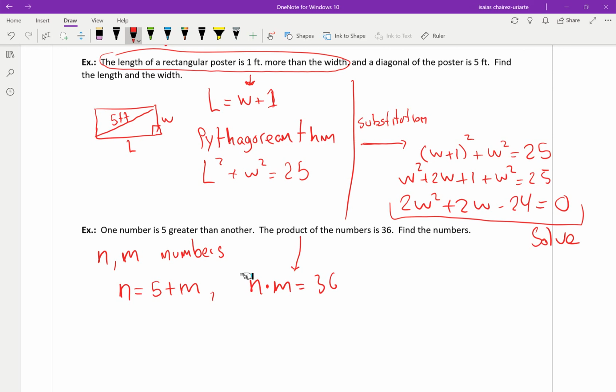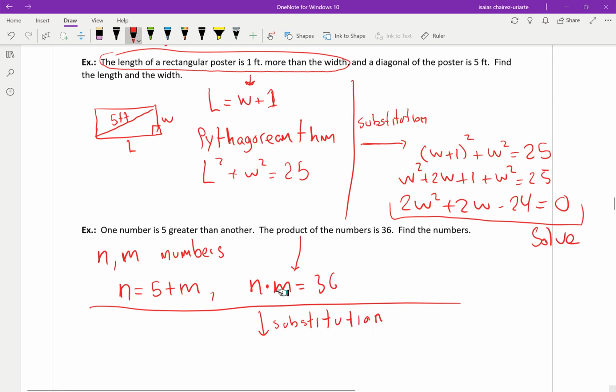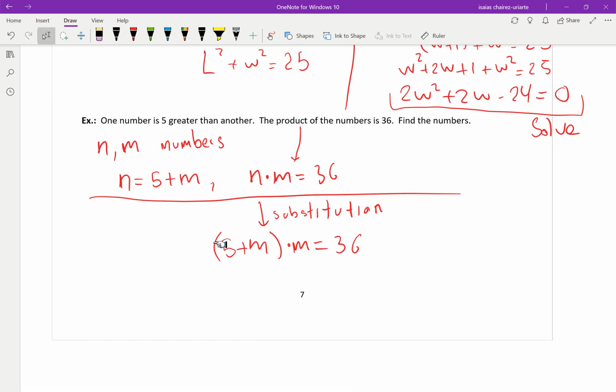Okay, so now again we're going to have to do some sort of substitution. I'm going to replace this N right here with 5 plus M. Okay, and now it's just a matter of solving this.